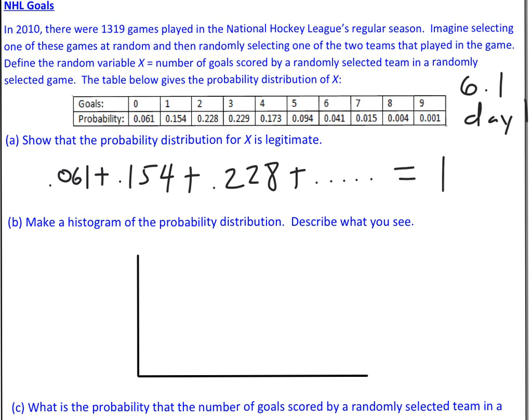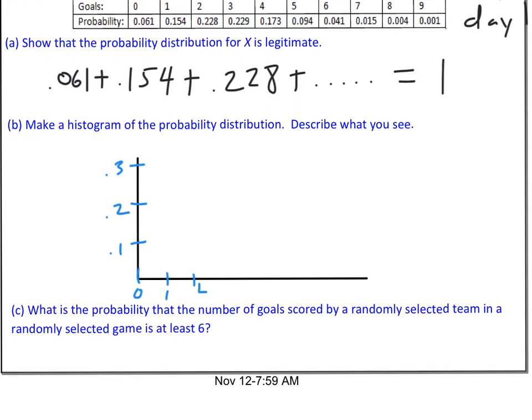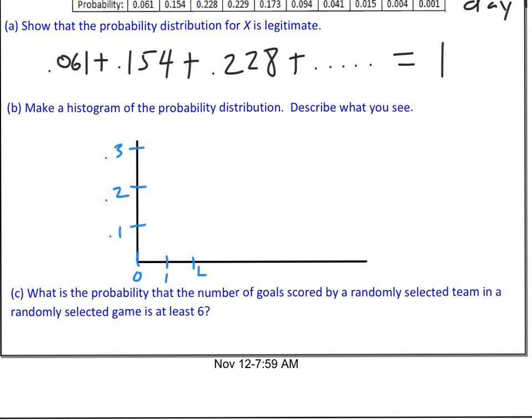We could head down here and make a histogram. Trying to space these enough so I have the appropriate amount of room to make my histogram. So I should have 10. I'm just going to make the bin width 1.